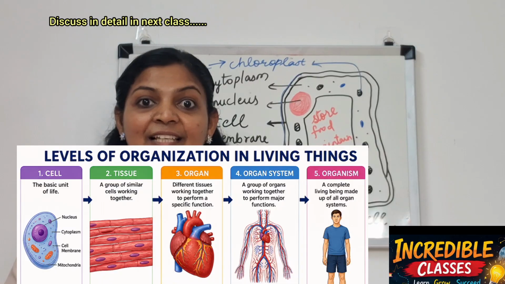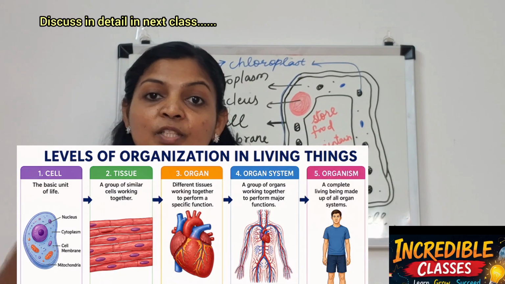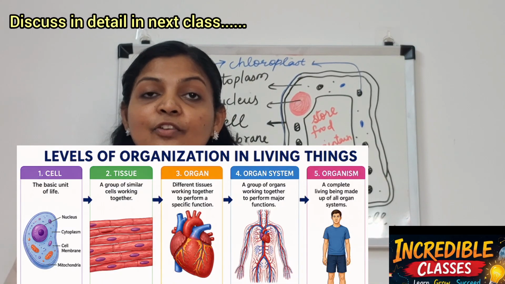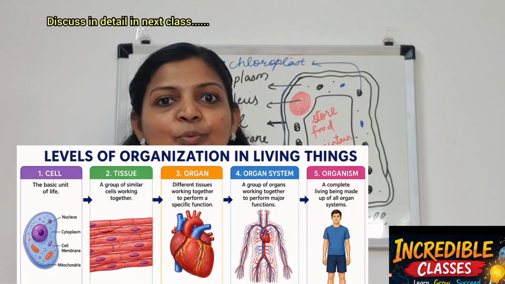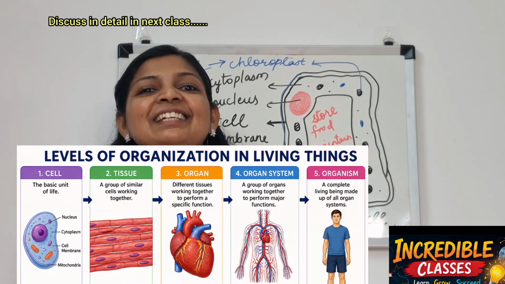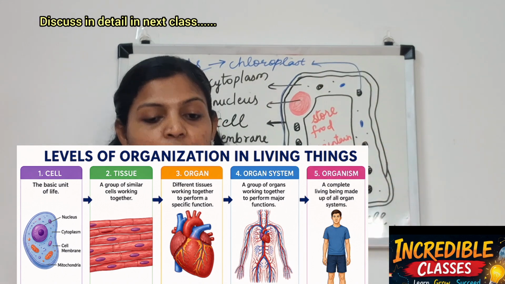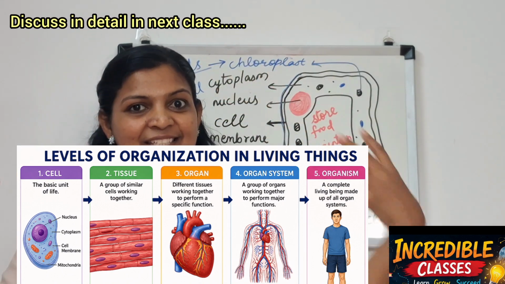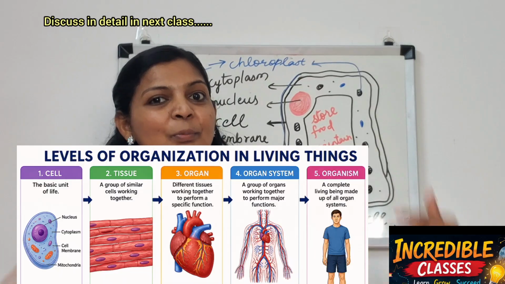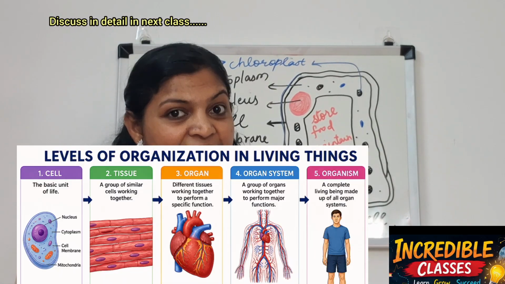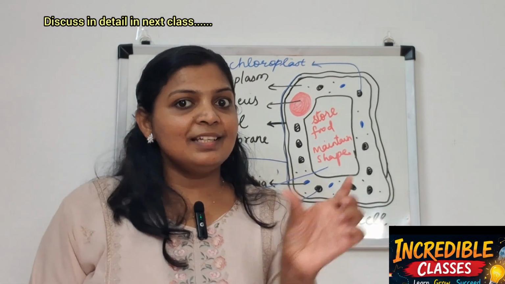So the heart basically has so many cells. Instead of so many cells, we can use a single word called tissue. And these organs form the organ system in our human body. When organs join together, a human body is created. So that is a nutshell.